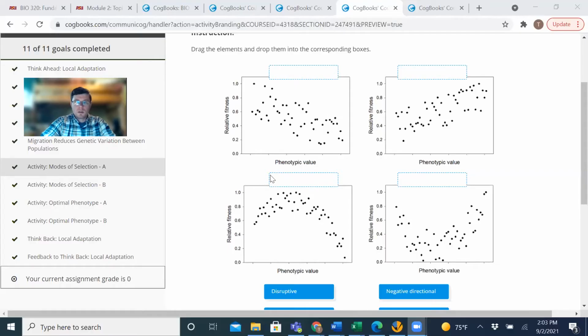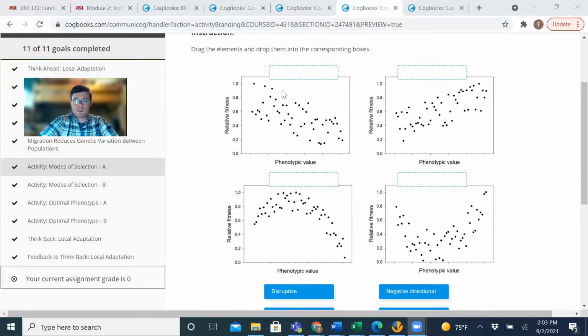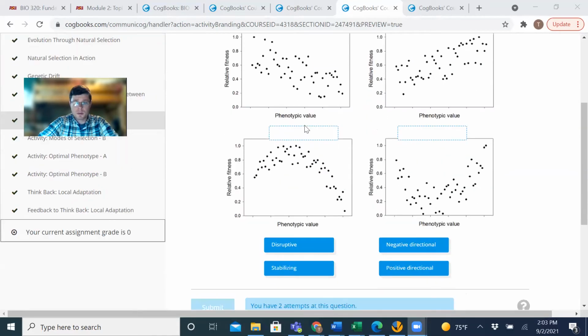All right, so these are the types of figures that this question is going to be associated with, where again, you have some type of phenotypic value on the x-axis and relative fitness, and then these are your values. And then if selection is being enabled here, there's different types.